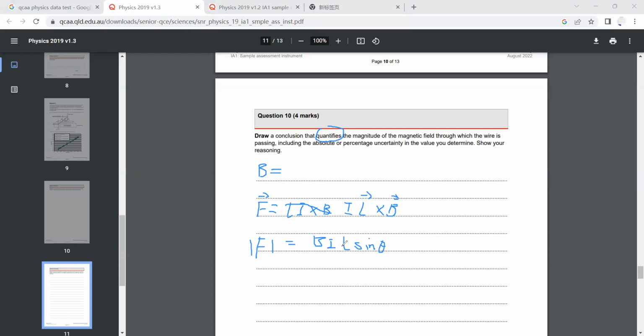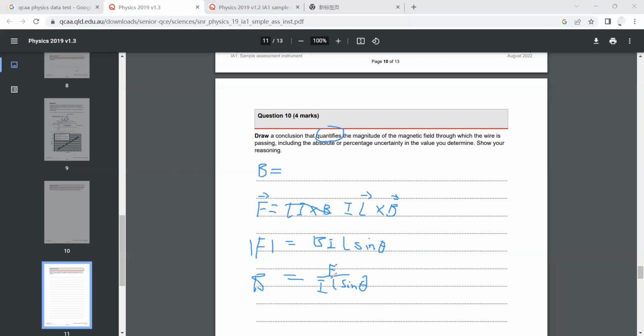So we should use this formula to quantify B. We can rearrange the formula to have B equals F over I L sine theta. In high school textbooks, it's not very rigorous about this magnitude sign, so we don't have to be very rigorous here either. We know L and sine theta. What we need to find is F over I.